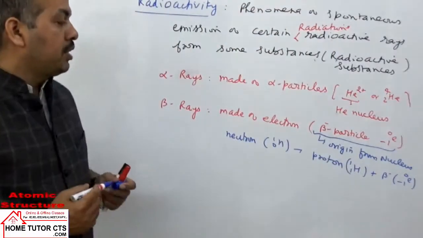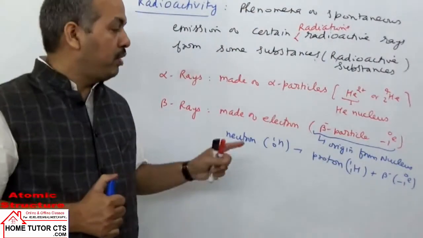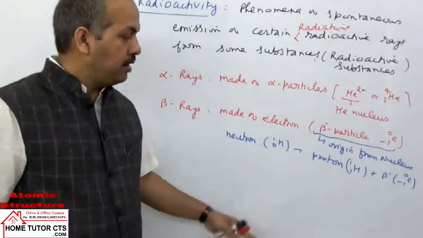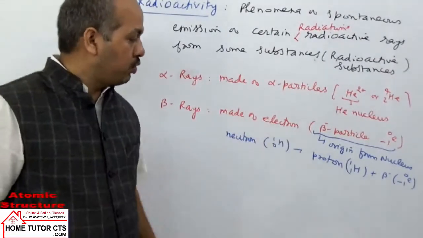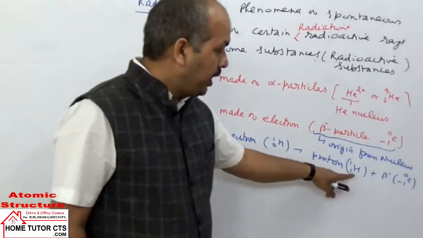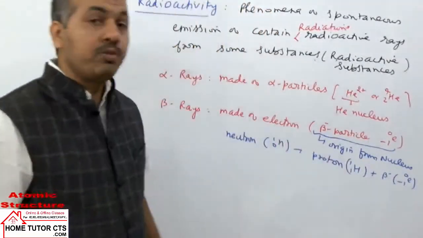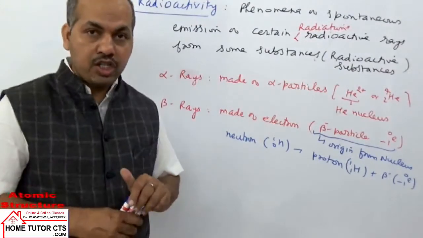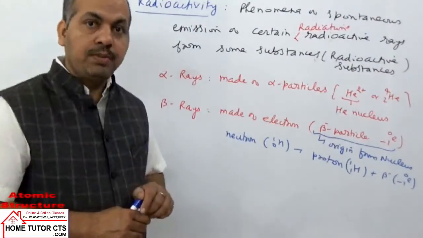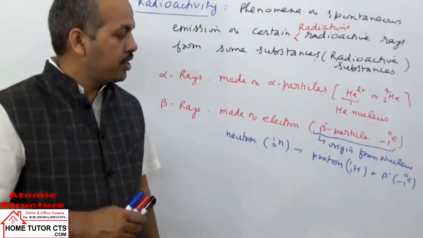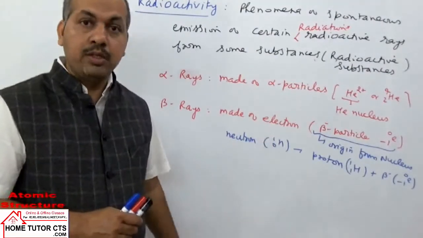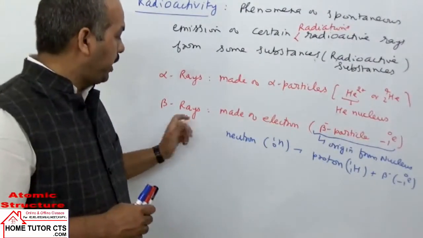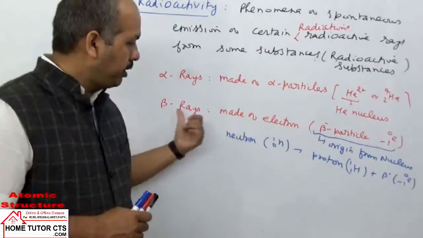You can think of it that in the nucleus we have one neutron. It can decay to give one proton plus beta particle. This beta particle is same as electron. If we balance the reaction, atomic number and mass number on both sides will be equal. In any nuclear reaction, for the production of beta particle, the total atomic number and mass number should be the same on both sides of the equation. So that is how they form beta particles making beta rays.